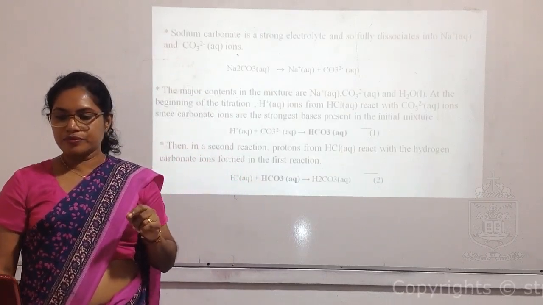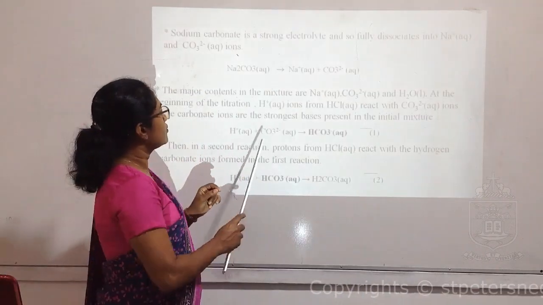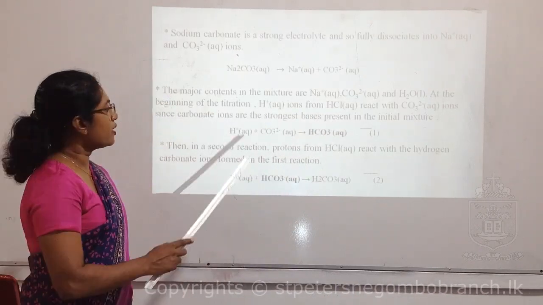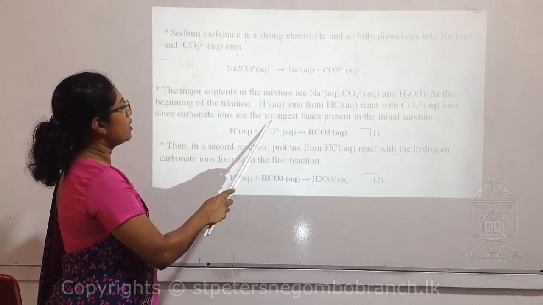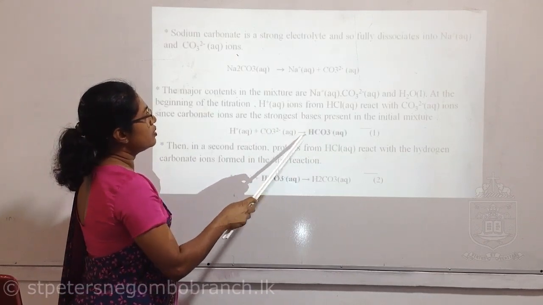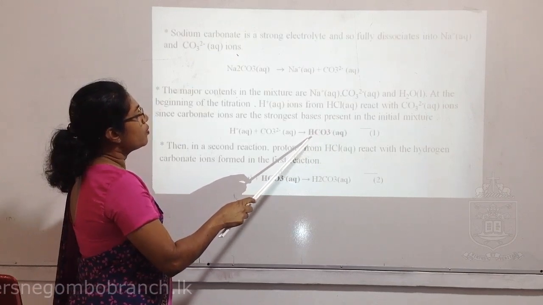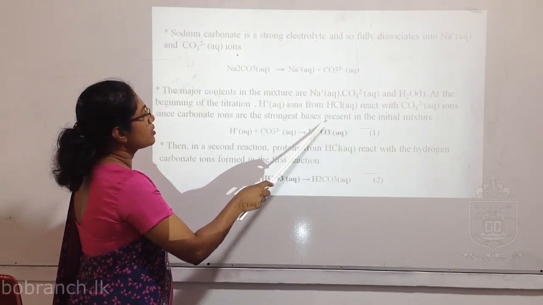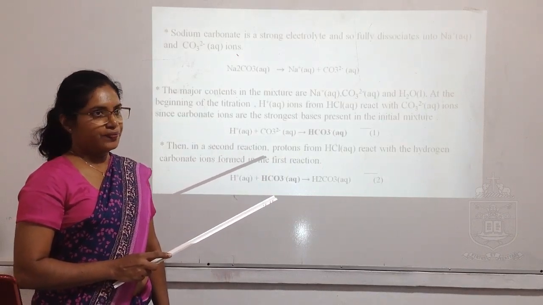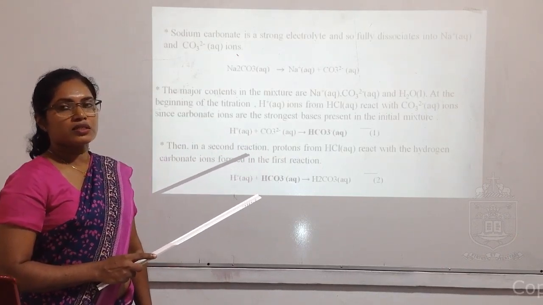First, the H plus ions from HCl react with the carbonate ion and form the HCO3 minus or bicarbonate ion. This is the first reaction that occurs in the solution.